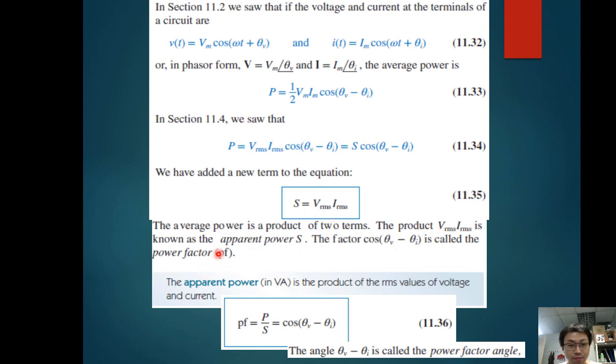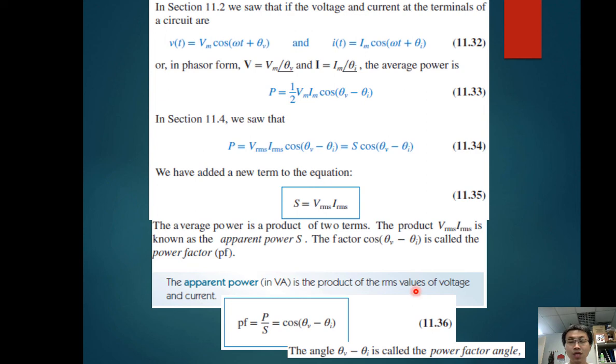And the real power is the product of the two items. Another one here, cos(theta V minus theta I), we call it the power factor. So the apparent power is in VA. It's the product of the RMS value of voltage and current.